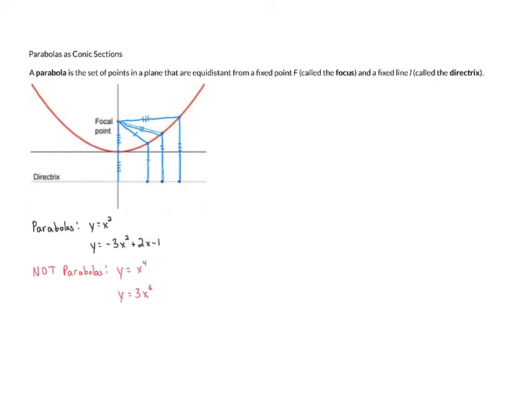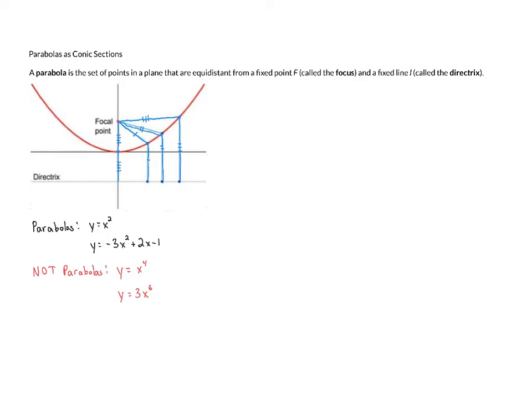Now, when we talked about parabolas previously, we saw that we could get a parabola by looking at the graph of a second-degree polynomial equation. So something like y equals x squared, or y equals negative 3x squared plus 2x minus 1. We've seen that there are shapes that are maybe a little bit similar if we look at fourth-degree polynomial equations or sixth-degree polynomial equations.